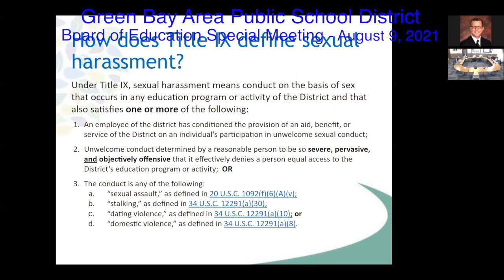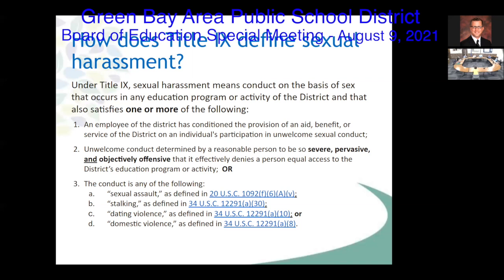Under Title IX, sexual harassment means conduct on the basis of sex within any educational program or activity of the district that also satisfies one or more of the following three categories. It's important to note that sexual harassment under Title IX also applies to discrimination based on sexual orientation and gender identity.